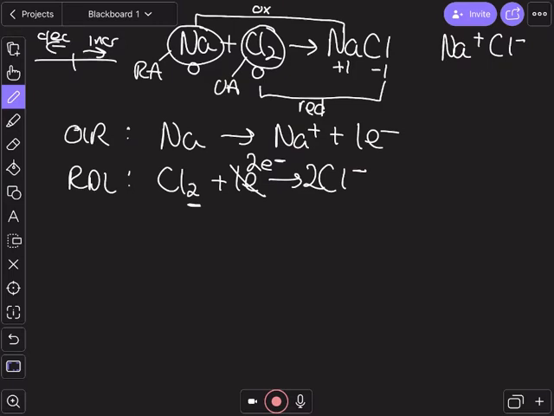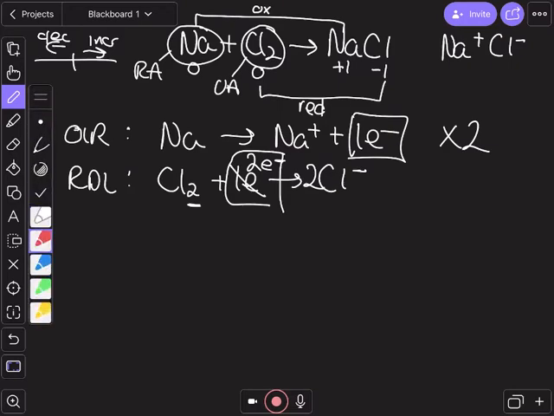And now I look at my electrons here, and I look at them here, and they're not the same number. So how would I get the same number of electrons on both lines? What would I have to do? Any takers? No joy? So I would have to multiply this top line by 2 to have the same number of electrons everywhere.